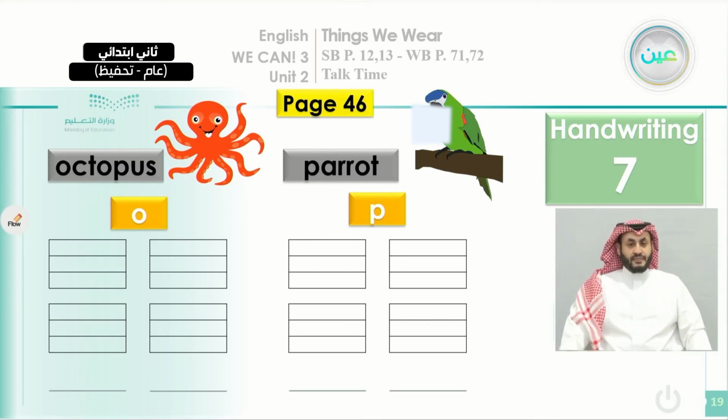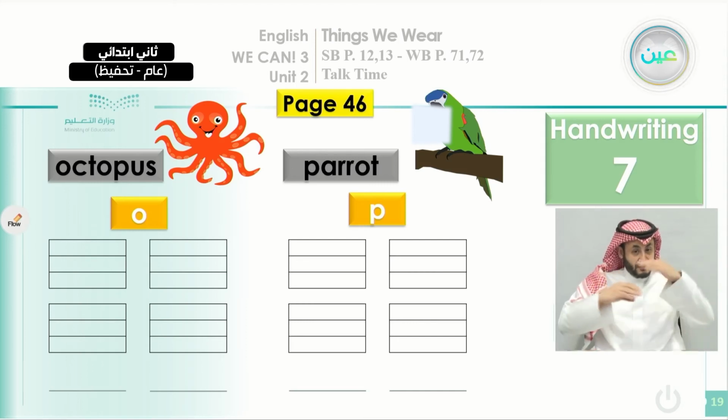Let's start now writing O. When you want to write O, you have to know where to write O. First, let's take this pen, the red pen. We start from here, from the top, and you have to write it in the middle lines, in the main body of the handwriting.